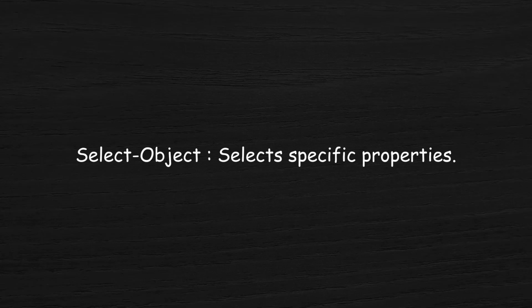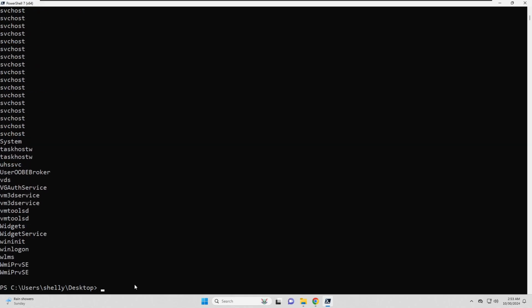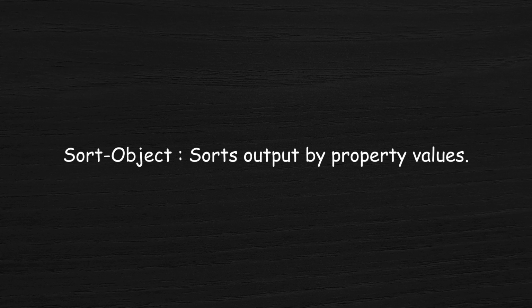Now the next command is Select-Object. It selects specific properties. Now let's list the running processes in my system, but only select the name, nothing else. Get-Process, let's select Name. Now the next command is Sort-Object. It sorts output by property values.